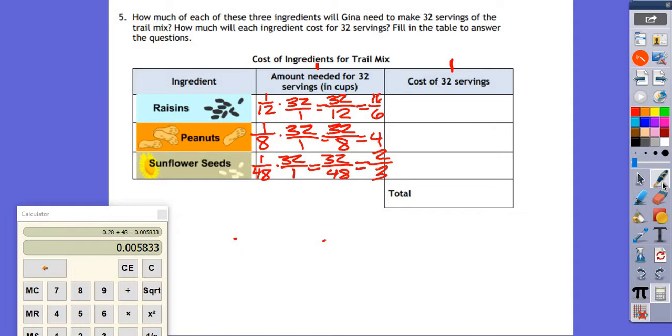How much did it cost for raisins? 4 cents. How many servings do I need? 32, so times 32. Calculator, people. I get $1.28. It's going to cost me $1.28 for raisins.